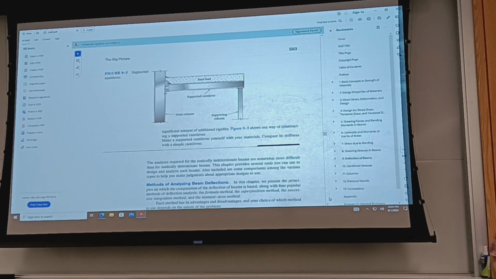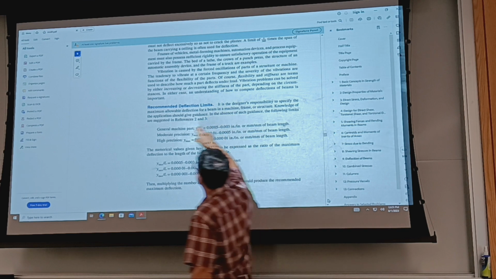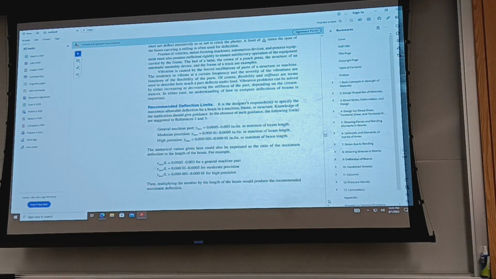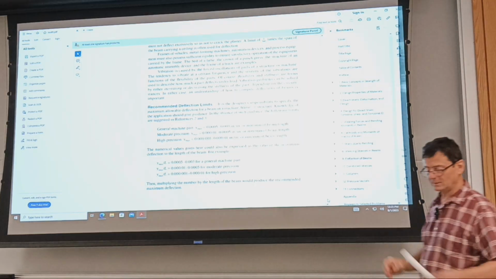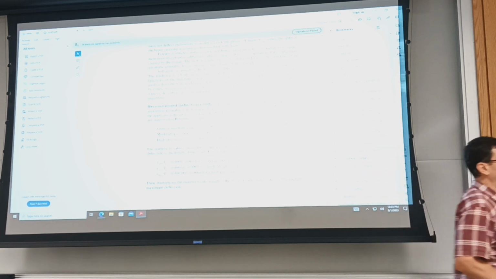So page 505 repeats some recommendations on how big deflection should be. We saw these, or equivalent to these, in an early chapter for torsional deflection. The deflection analysis, I mentioned the case of buildings or shafts, but it's also used.